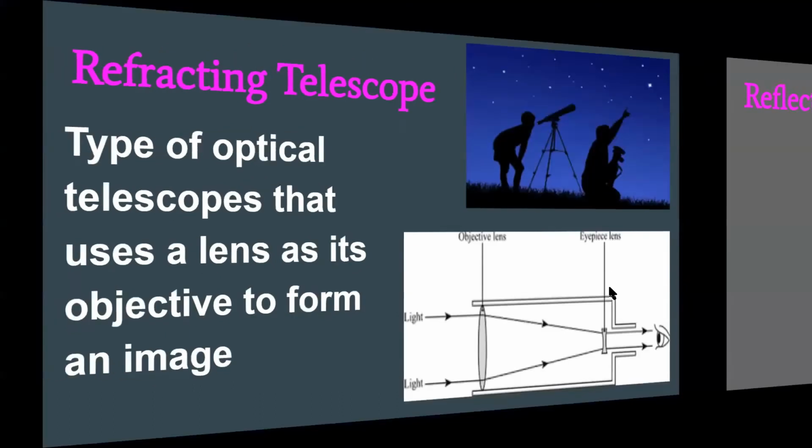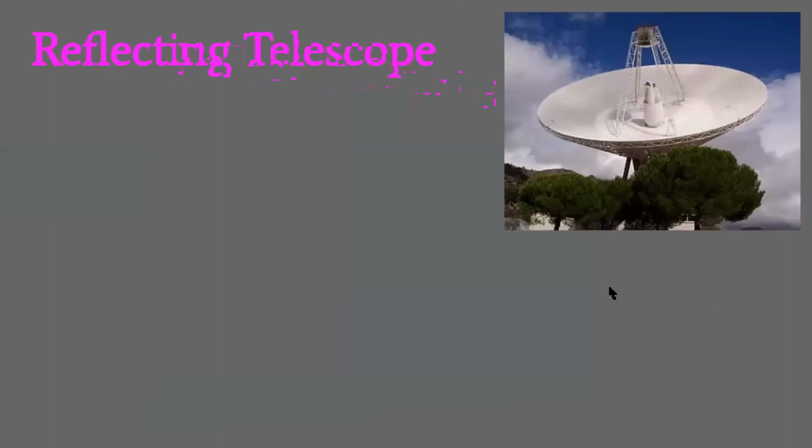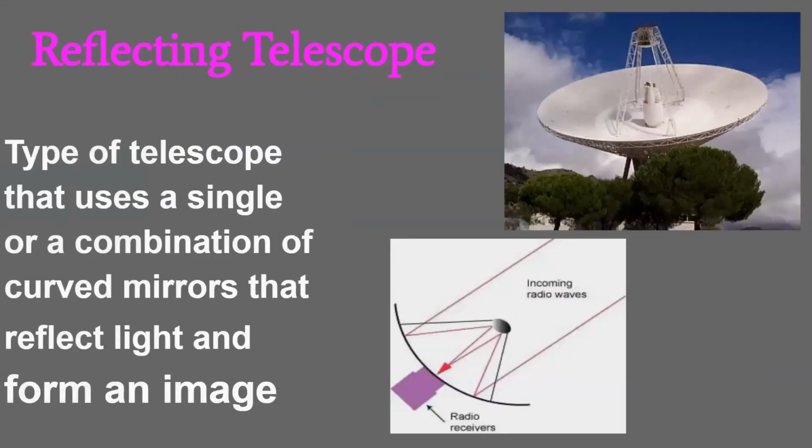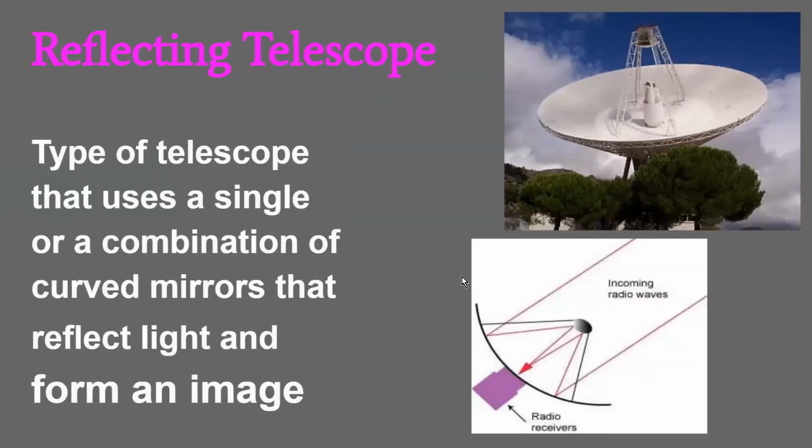And the other type, which is the reflecting telescope, is also a type of telescope that uses a single mirror or a combination of curved mirrors that reflect light and form an image. A typical example of such a telescope is the one we see here. And the line diagram or block diagram of such a telescope is the one we see.